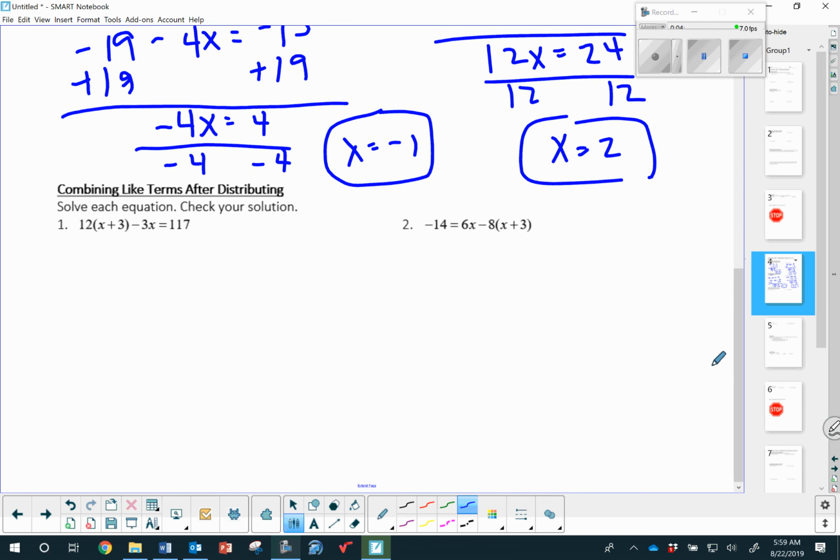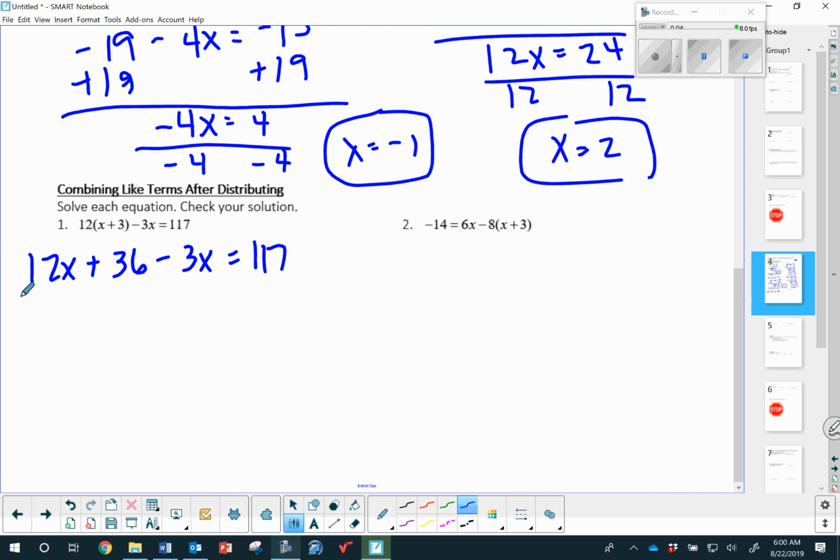So now we're going to, again, solve some equations, but we're going to make sure we combine like terms after distributing. So our 12 is going to distribute to x plus 3. So I'm going to have 12x plus 36 minus 3x equals 117.